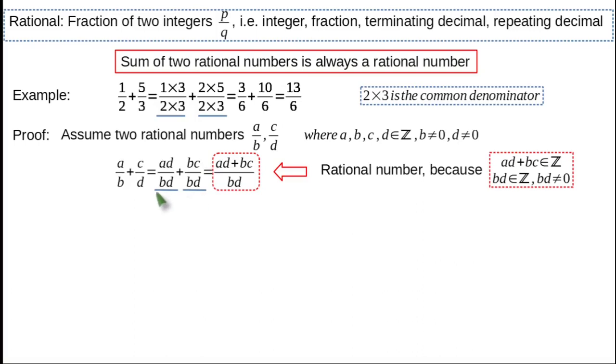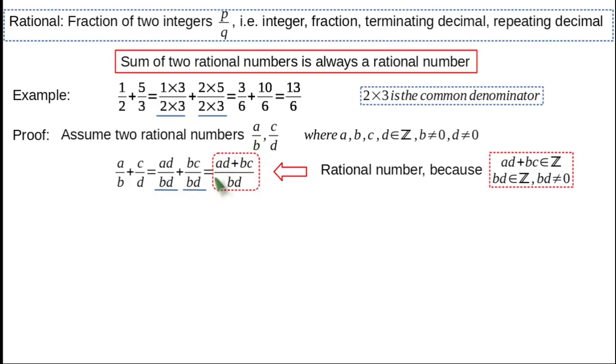Now they have a common denominator of bd. So I just need to add the numerators together. ad plus bc becomes my numerator, and the common denominator bd is copied over as my denominator.